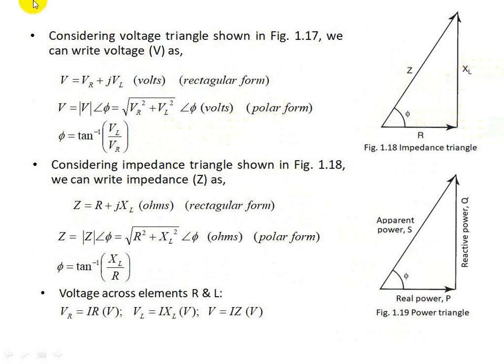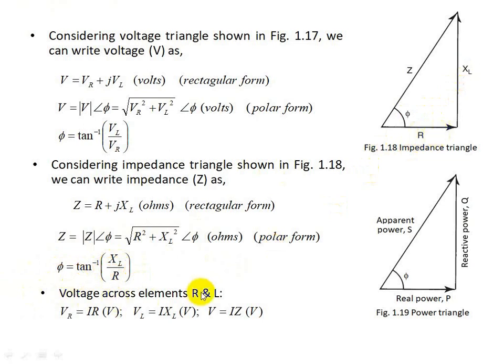In polar form, Z can be written as magnitude of Z at an angle phi. The magnitude of Z is the square root of R square plus XL square. Phi is nothing but the phase difference between the voltage and current. Here phi is written as tan inverse of XL by R, that is, tan inverse of opposite side by adjacent side.